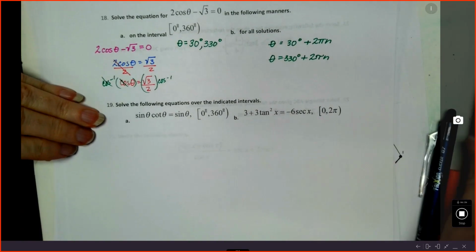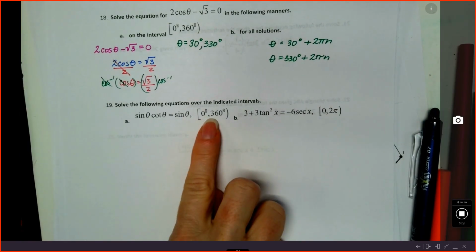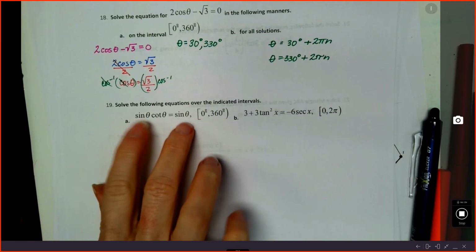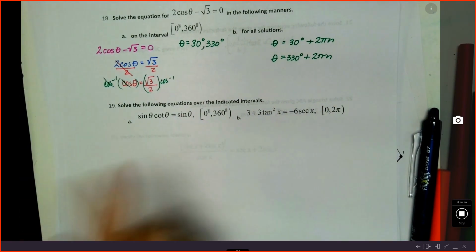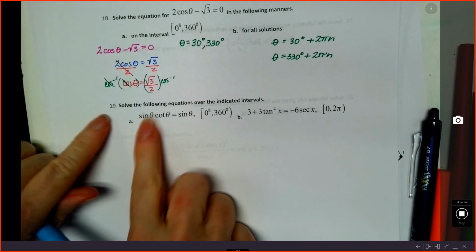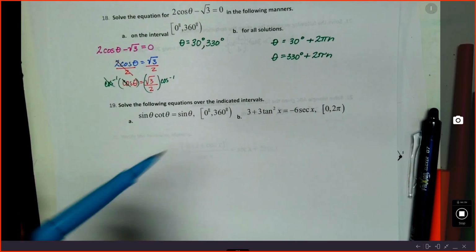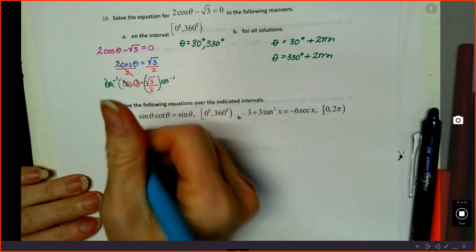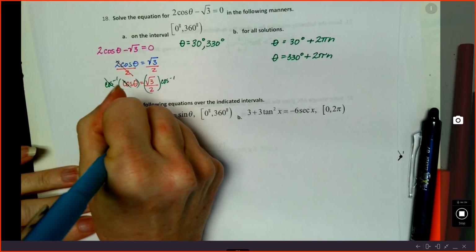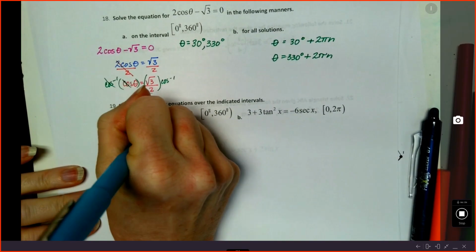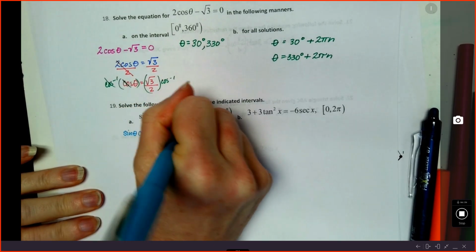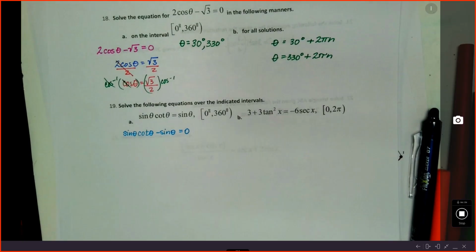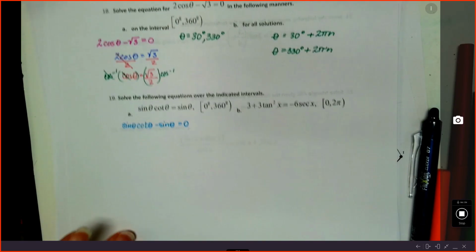Alright, so we're still solving, and we're still in degrees on this one. The problem is I've got sine and cotangent in the same problem. Anytime you have one like this, move everything to one side first. Don't divide or do anything like that. Are we going to try to turn cotan into tan? You could, but in this case, it's easier just to factor out because there's your GCF.